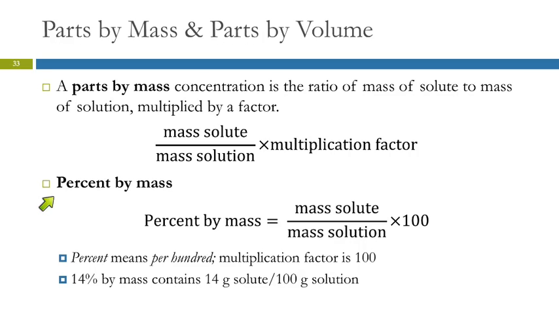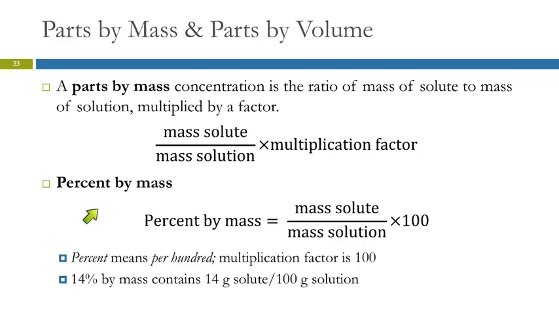Percent means per 100, so percent by mass is the mass of the solute divided by the mass of the solution times 100. This follows the same pattern that percent is a part divided by a whole times 100. Here the solute is the part we're interested in, and the mass of the solution is the whole thing.